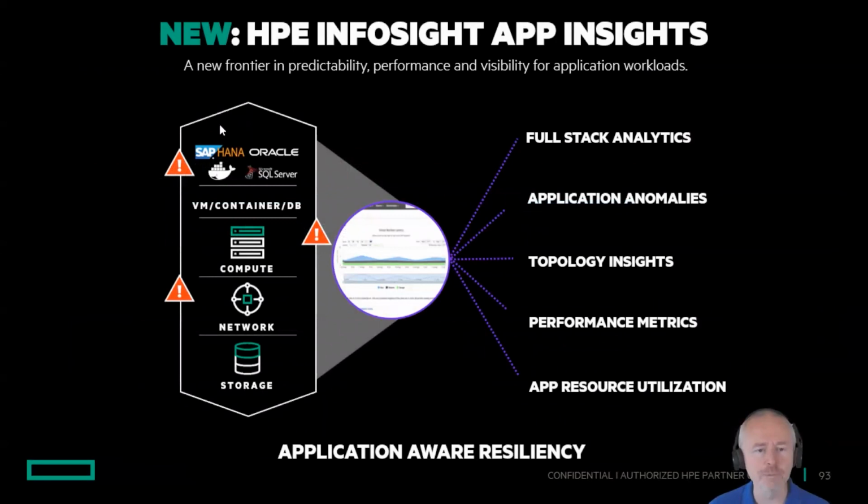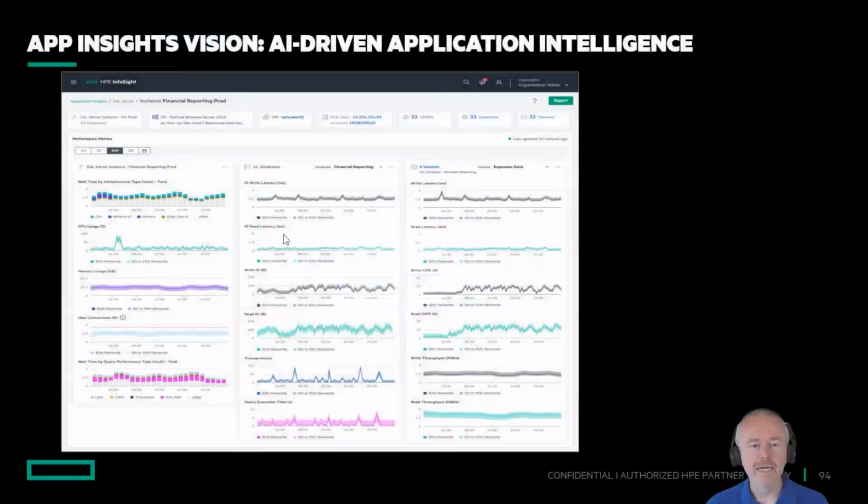And then finally, I mentioned it already, the app insights. We go now up to the application level. I can tell you SQL is there, Oracle, SAP HANA, Docker, others are coming. But so today, you will see this is one of the views in there. So what we see in here is these are databases, multiple databases where you can see again noisy neighbors, latency going up and down.